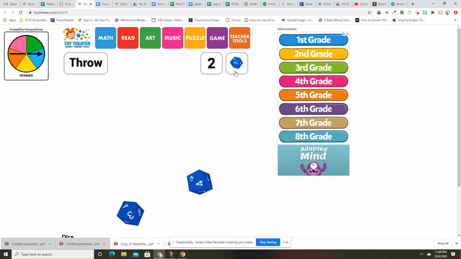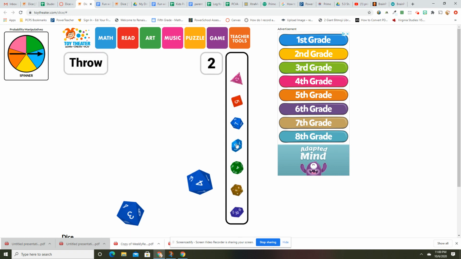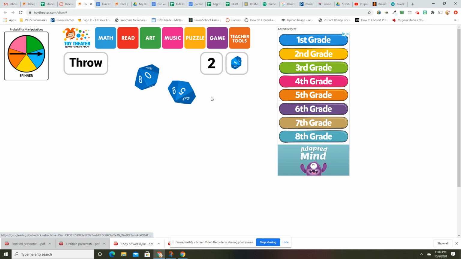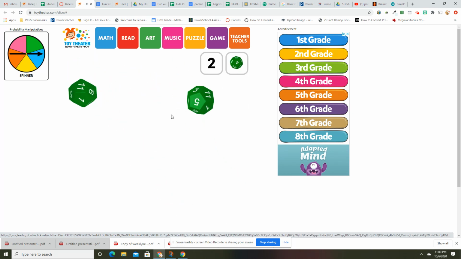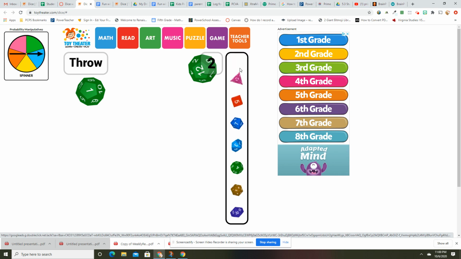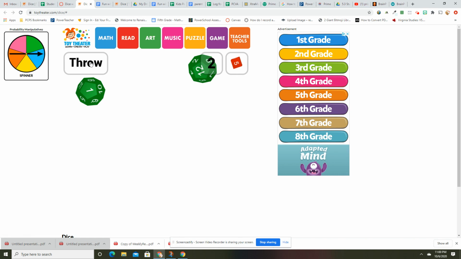Don't go any more than 2. I probably wouldn't use those. You can use the green one. That's also going to be a challenge. But it's your preference. You have to use this one or that one. I'm going to do the regular dice for right now.